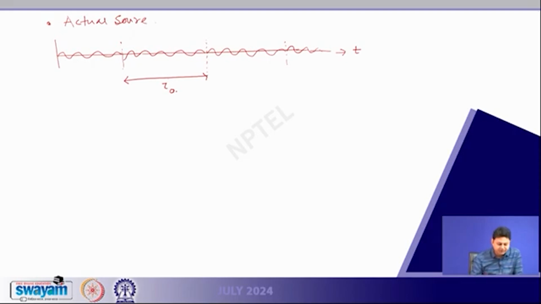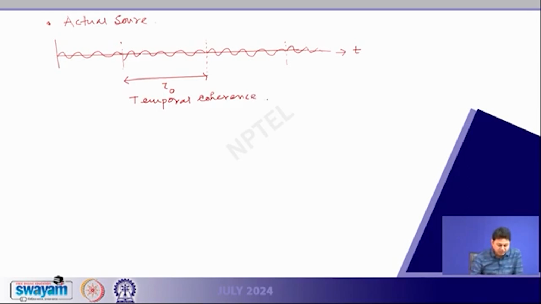This finite span of time where the wave remains sinusoidal is called the temporal coherence of the beam, or the temporal coherence time.